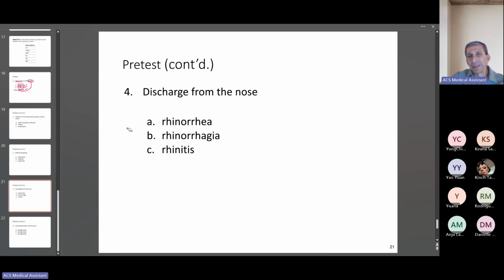Next, discharge from the nose. Be careful, that is discharge. That is the key. A, B, or C?